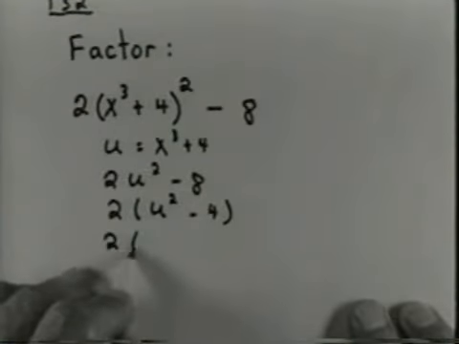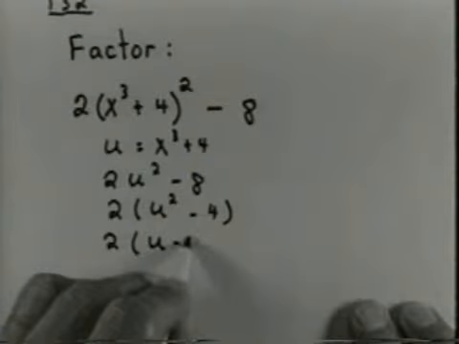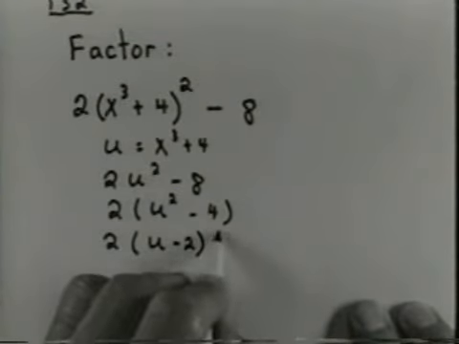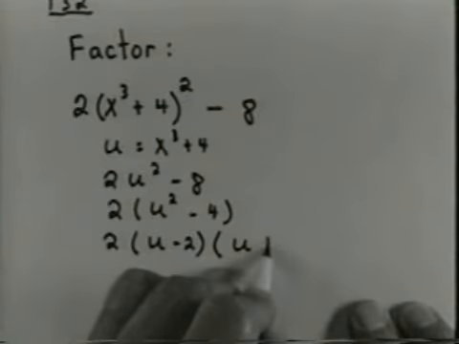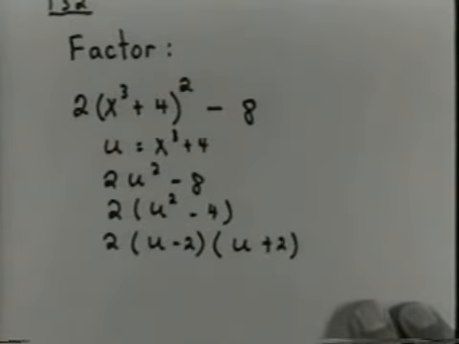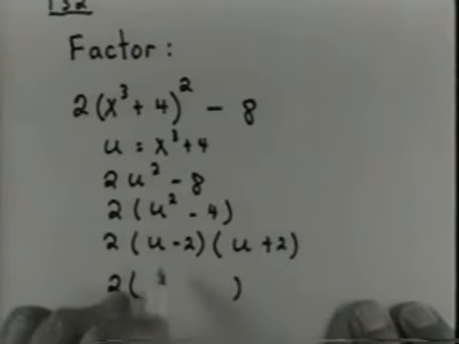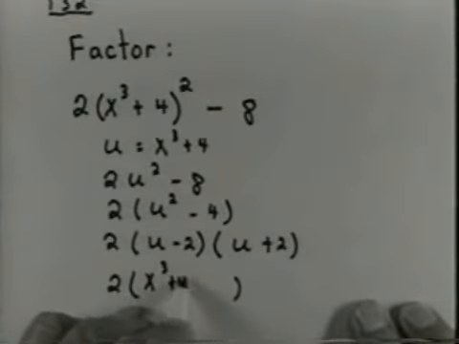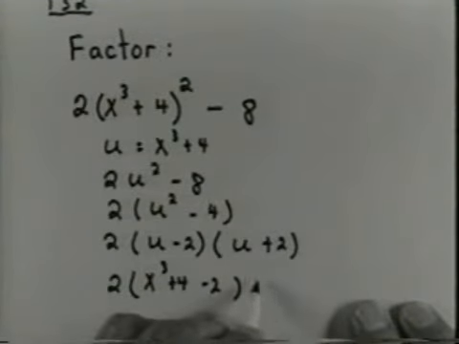So I have 2 times u minus 2, the square root of u squared is u, the square root of 4 is 2, times u plus 2. Don't forget to substitute back. So I'd have 2 times, in place of u, I write x cubed plus 4 minus the 2.